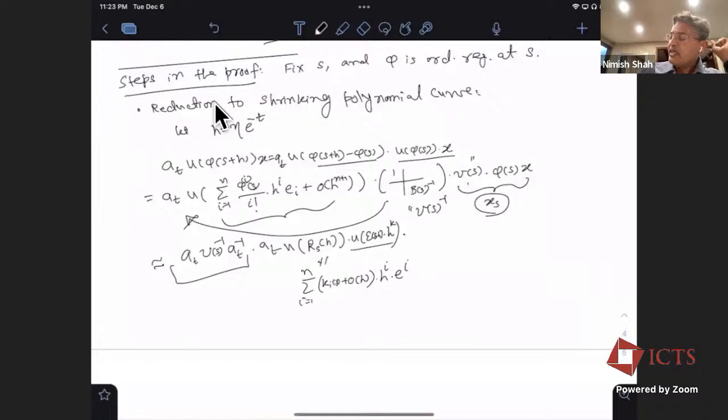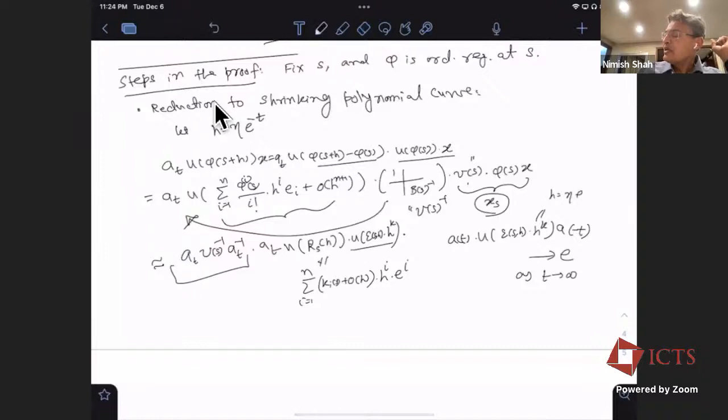And this part, again, you bring it on the left-hand side, because U is commuting. So I can bring it on this side through AT. So AT will expand this, but you realize that AT times U of epsilon SH times H to the K negative t actually goes to identity as t goes to infinity, because h is equal to eta times e to the negative t.